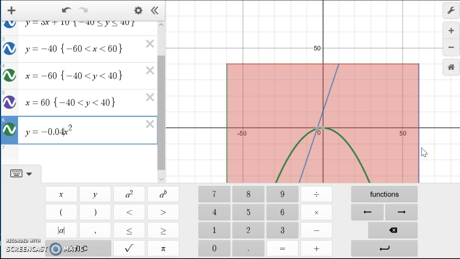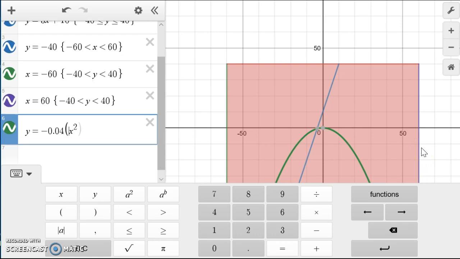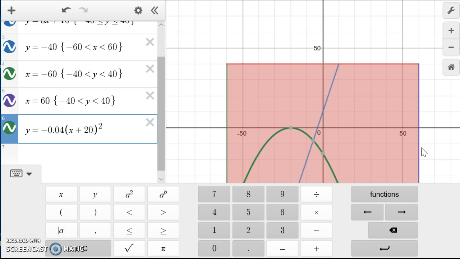I can move the position of my mountain by creating a bracket and adding a number after the x, to move it left or right. To move my mountain to the left, I can put a positive 20. Positive is for left and 20 is 20 steps to the left.